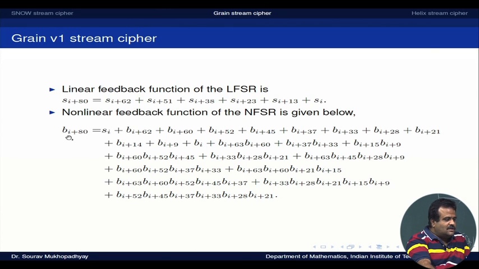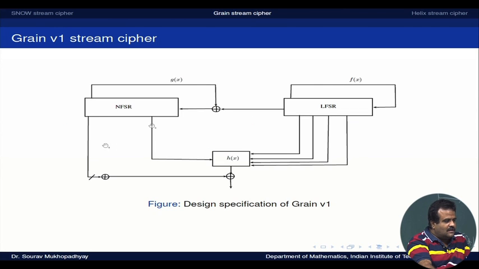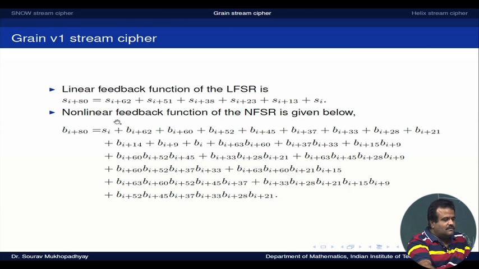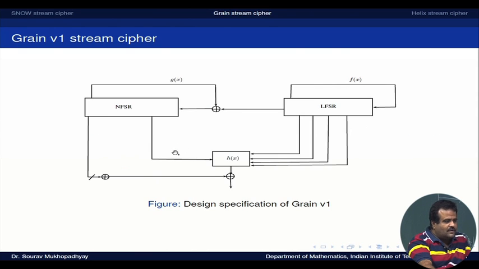And this is the corresponding state update function for the NLFSR. This one is the G function. For the NLFSR, we take the state from the LFSR, which is also XORed with this g(x). So g(x) takes the input from the NLFSR state, applies the G function, and then it is XORed with this x_t, which is the state coming from the LFSR, and that is the new bit for the NLFSR.